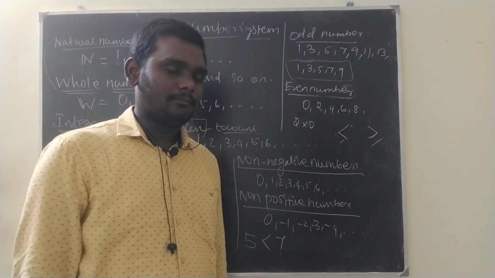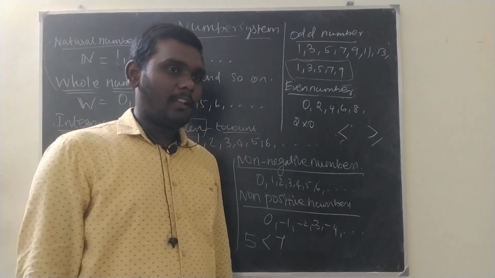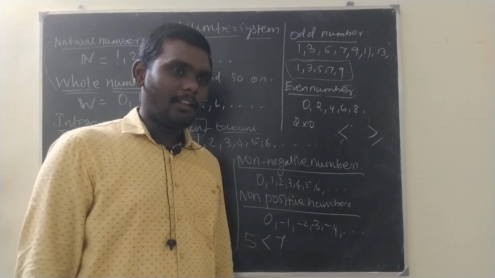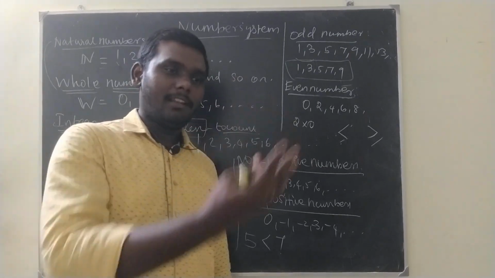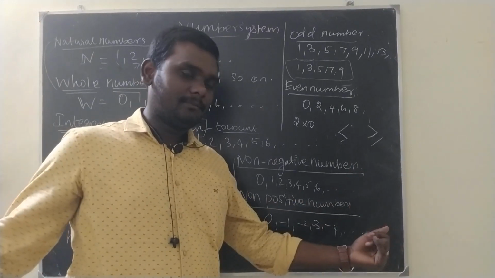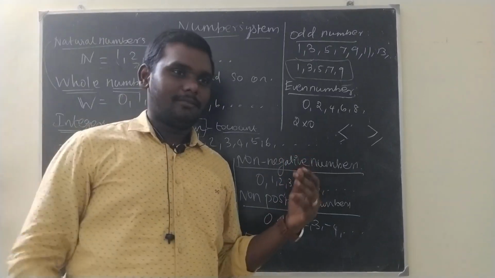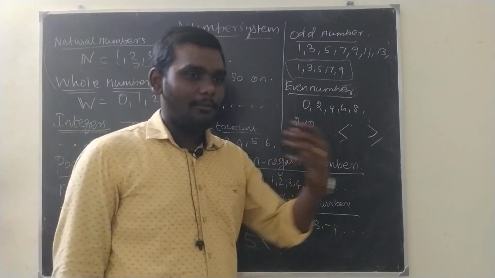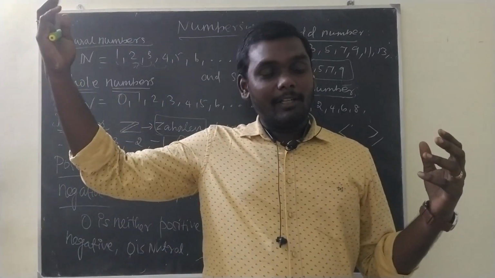Then, shall we say 1000 is the largest natural number? After adding 1, we'll get another natural number that is much bigger than that. 1 lakh, 1 followed by 1000 zeros. Even if you say 1 followed by 1000 zeros, at last we'll add another 1.